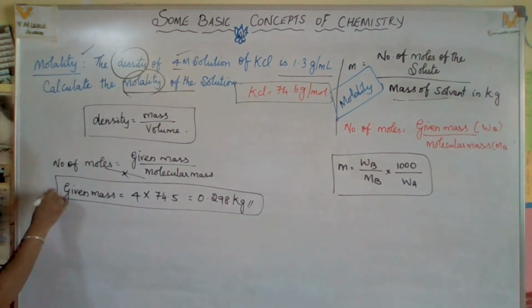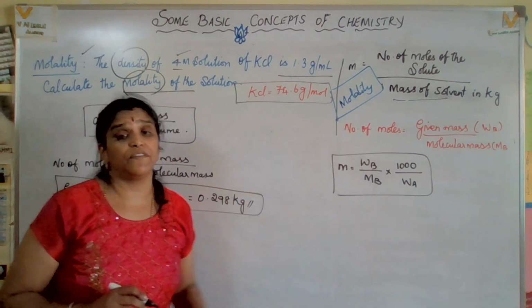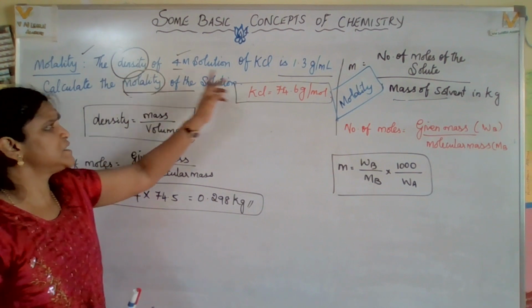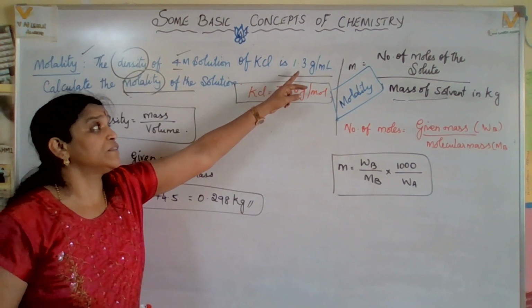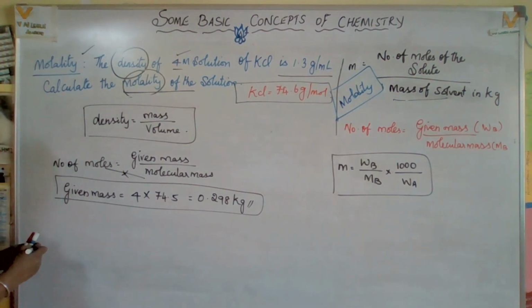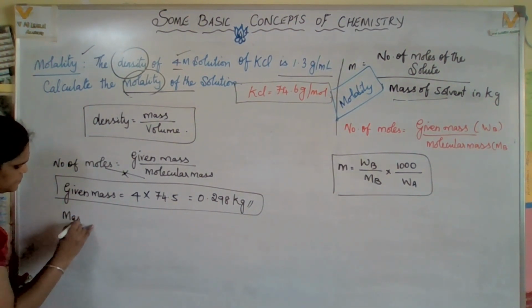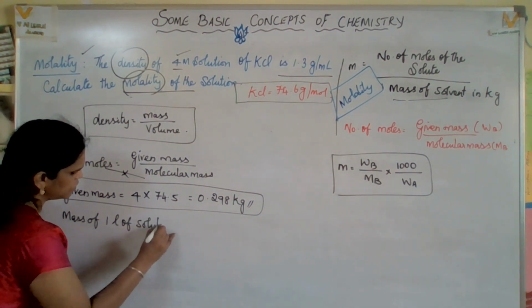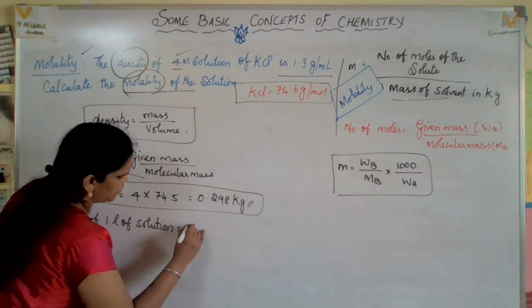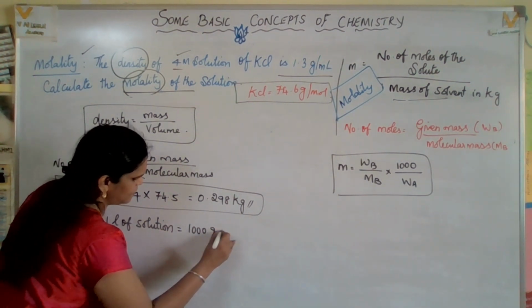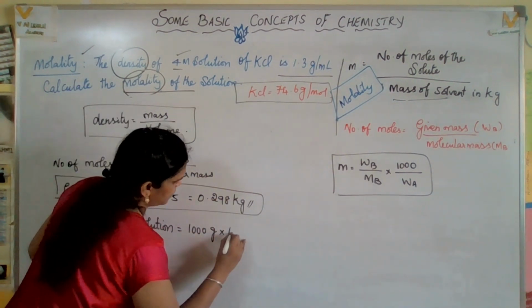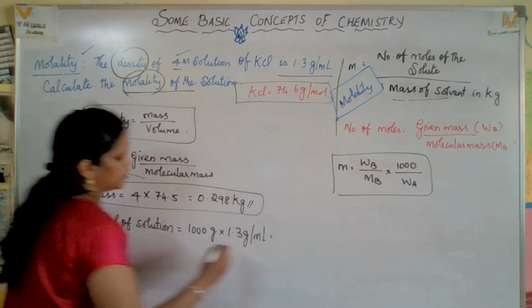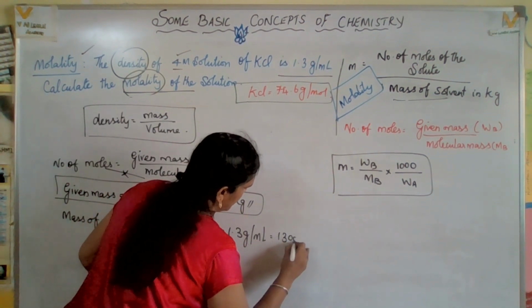Okay, now the mass of the solvent we have to find out. They have provided the density of the solution, 1.3 gram per milliliter. So the mass of 1 liter of solution is 1000 grams into 1.3 gram per milliliter. You will get 1300 grams.